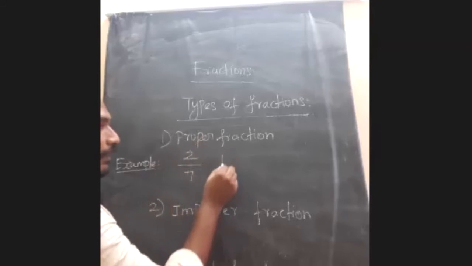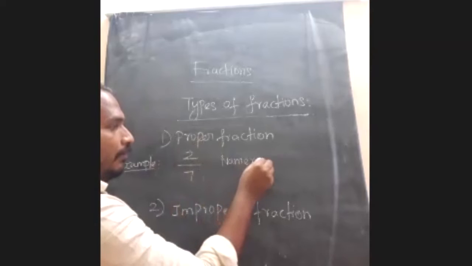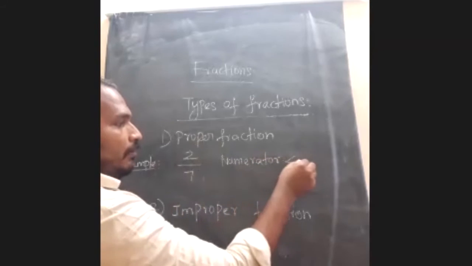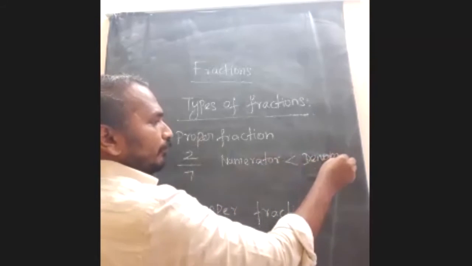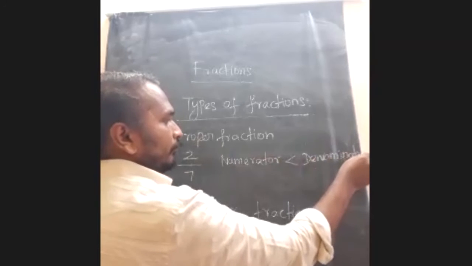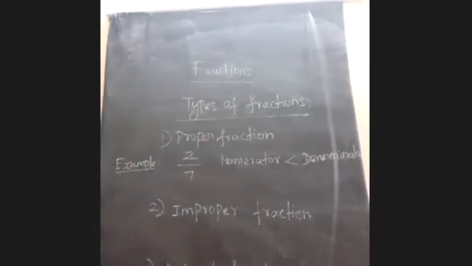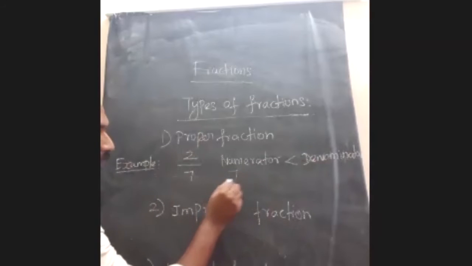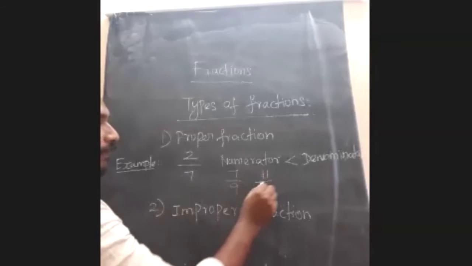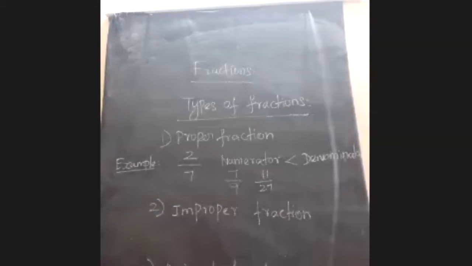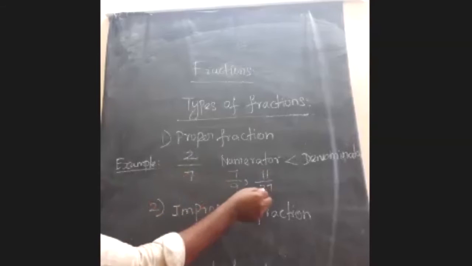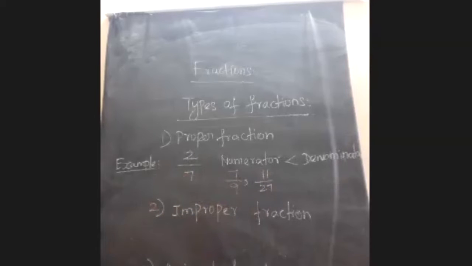So the condition is that the numerator should be less than the denominator. So 2/7. If you want to write some more examples, you can write 7/9, 11/27. Here, in all these fractions, the numerator is less than the denominator. So those kinds of fractions are called proper fractions.